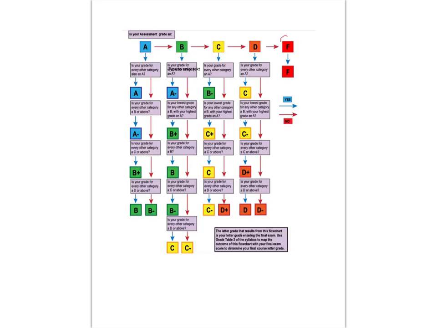When we look at the flow chart, when you're at the F level for your assessments, we notice there aren't any choices. This is where the assessments take the priority, and it's reflected in this decision. Luca has not learned the material that's expected in this course, and unfortunately, he has an F going into the final.